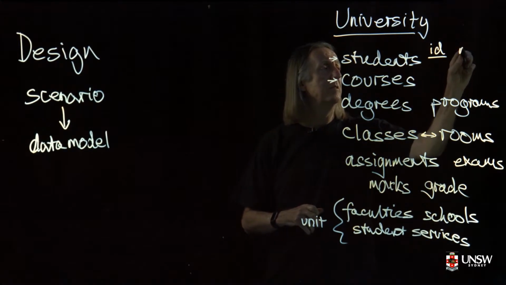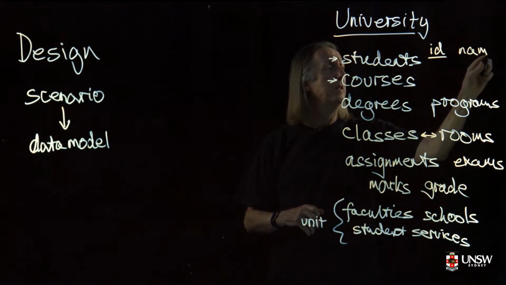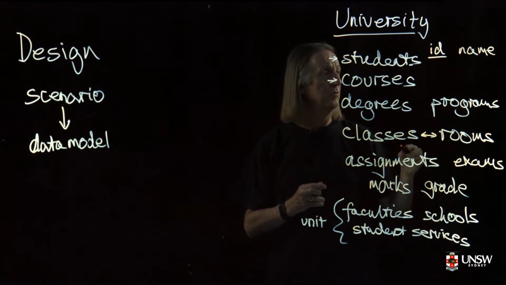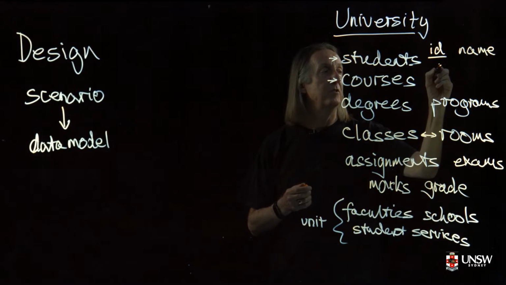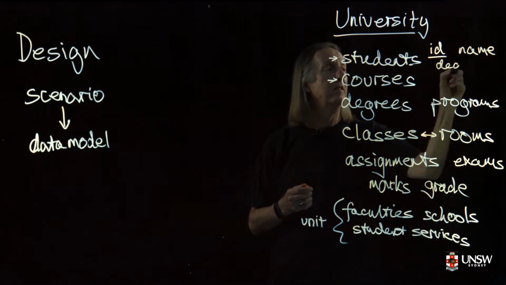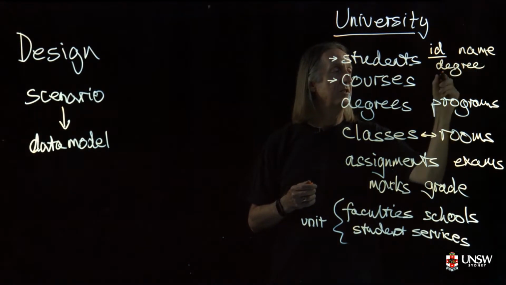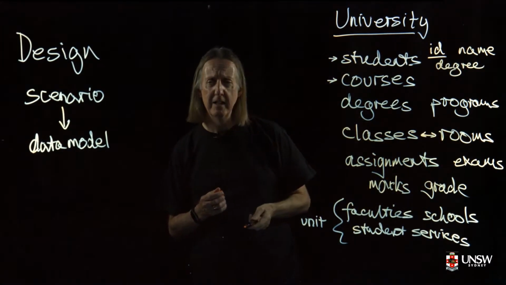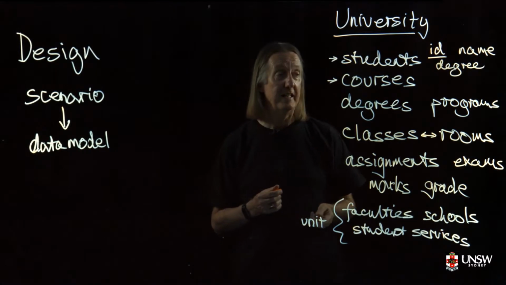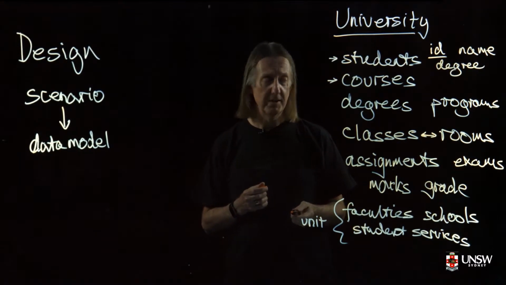Obviously we need to worry about your name, and we need to worry about what you're studying. So you can see that I've got the word degree here, but I've already got degree down here as an object or a thing.